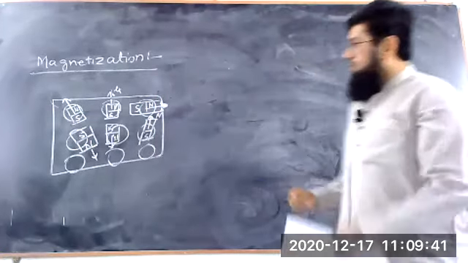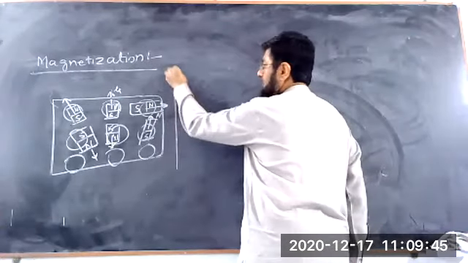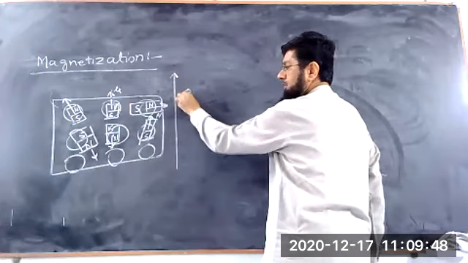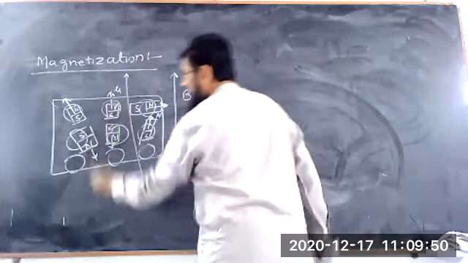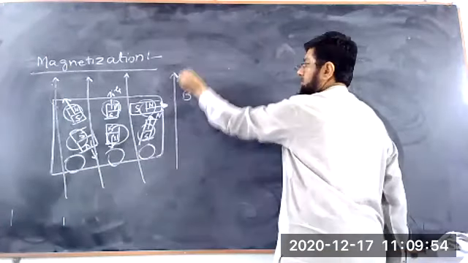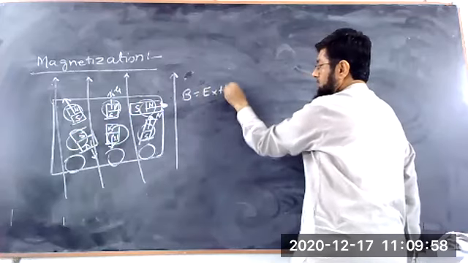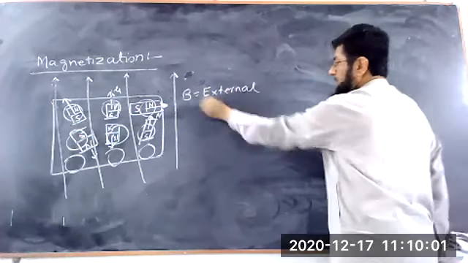Now the question is, when this material is placed in an external magnetic field, we say that this is B. This B is the external magnetic field.